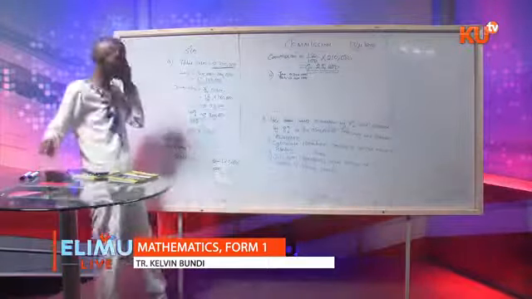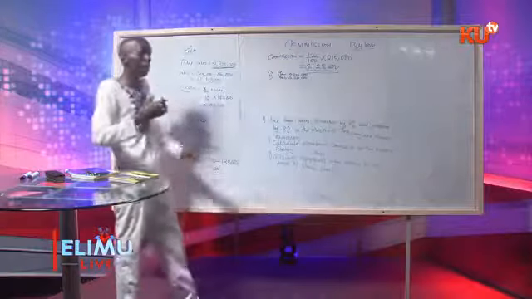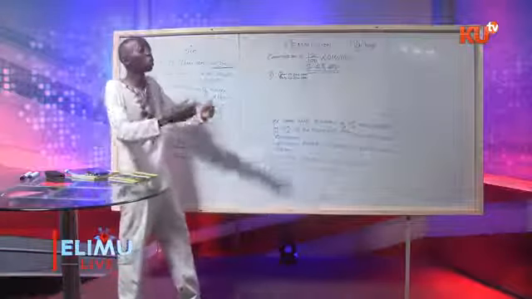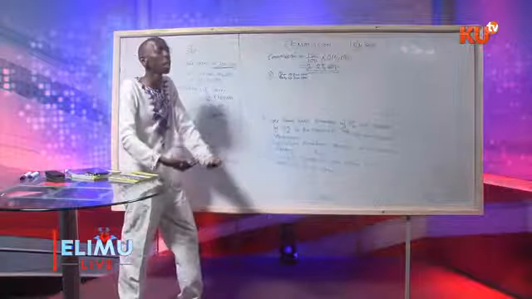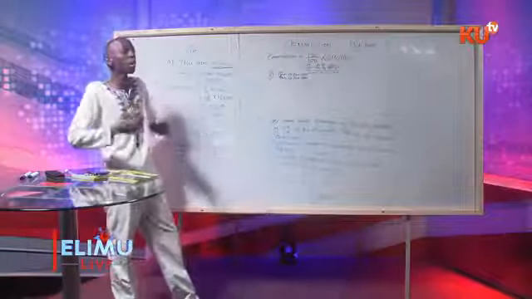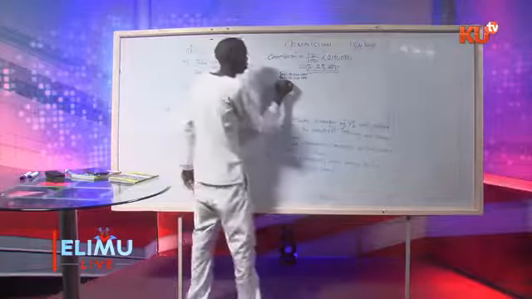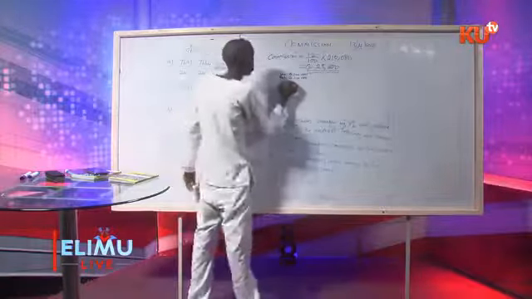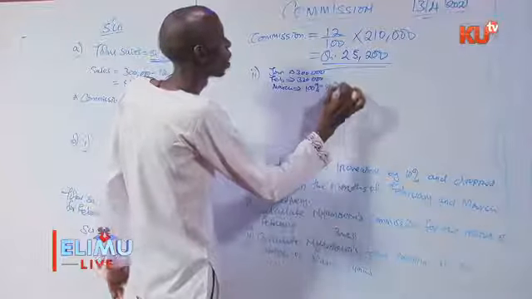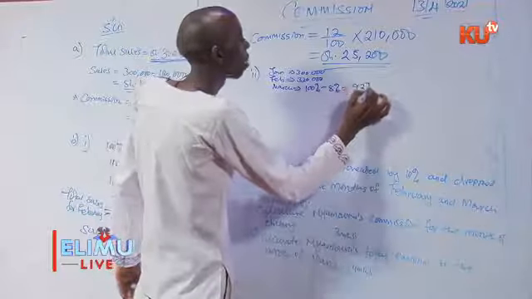If it dropped by 8%, it was initially 100%. If it drops by 8%, it will be 100% minus 8%, which is 92%.